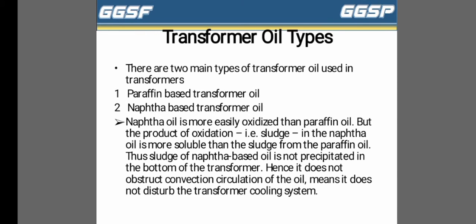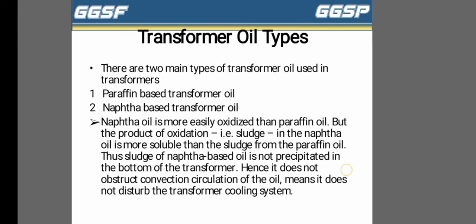Thus, sludge of naphtha based oil is not precipitated in the bottom of the transformer, hence it does not obstruct convection circulation of oil, means it does not disturb the transformer cooling system.